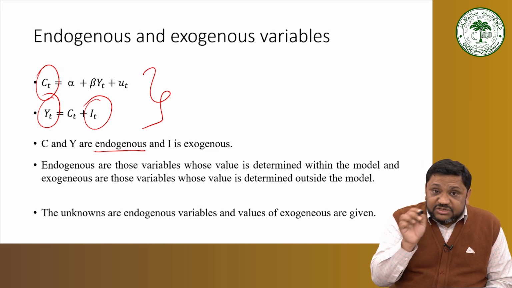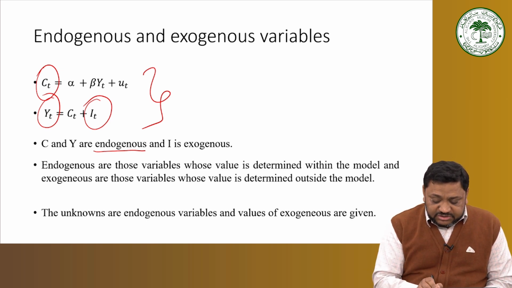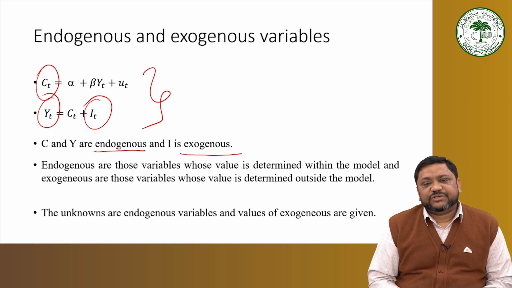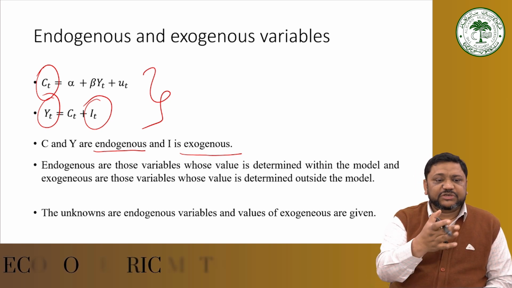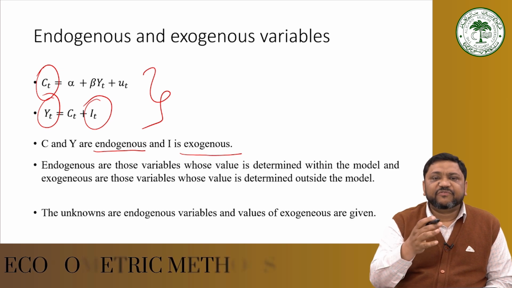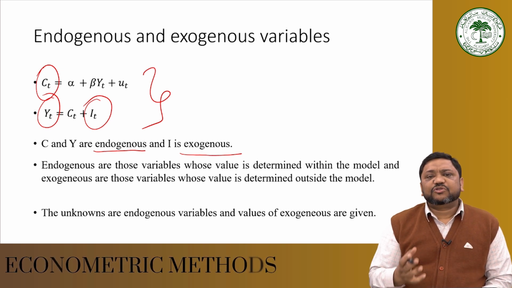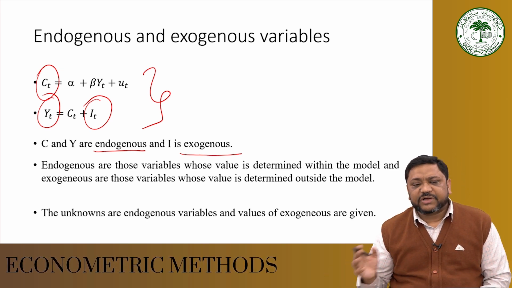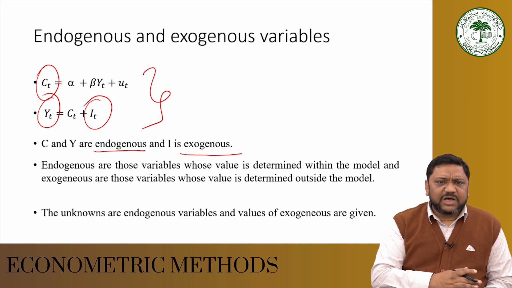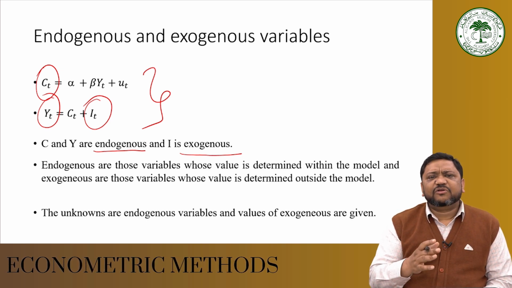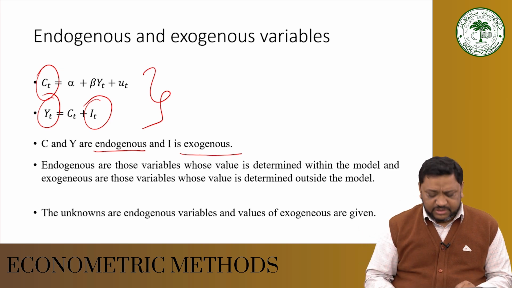So something which is not being decided in the model is referred to as exogenous. If you want to define, endogenous variables are those whose value is determined within the model, and exogenous variables are those whose value is determined outside the model. Or we can say that the unknowns are endogenous and the values of exogenous variables are given in the model.